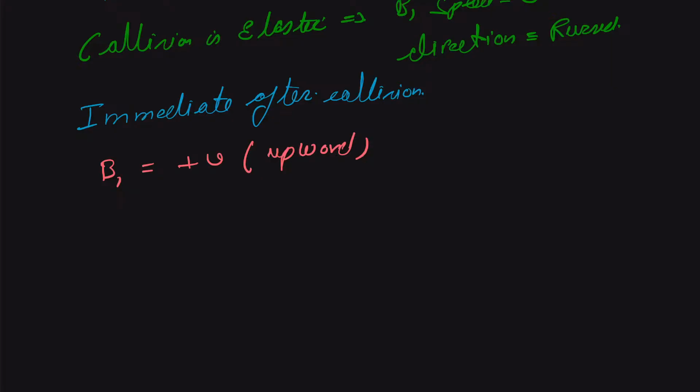But our tennis ball is still traveling in the downward direction, so that is B2, whose speed is also v, but that will be negative, and that is still downward, because collision has not taken place between the basketball and the tennis ball, so it is still downward.